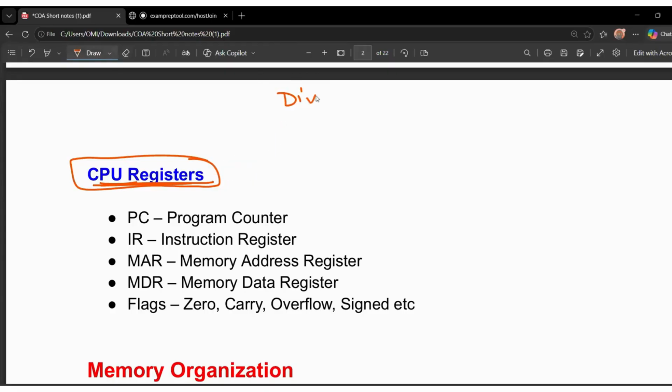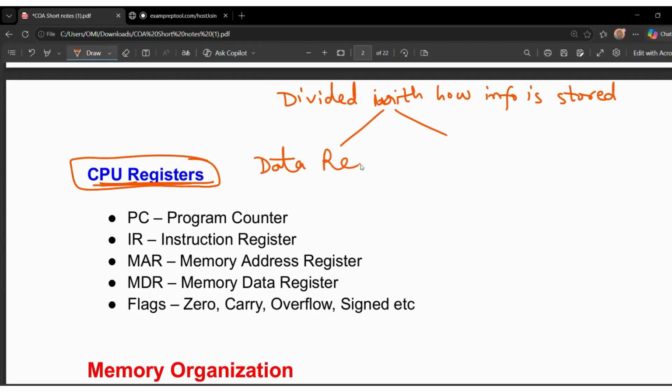So all the registers you can divide into two types: data registers and instruction registers, right?